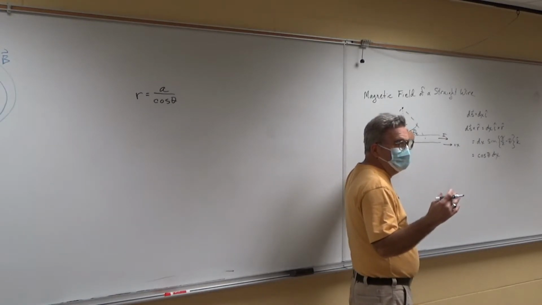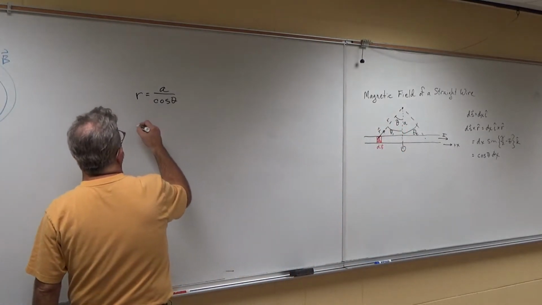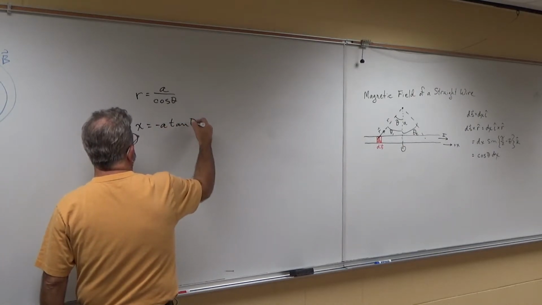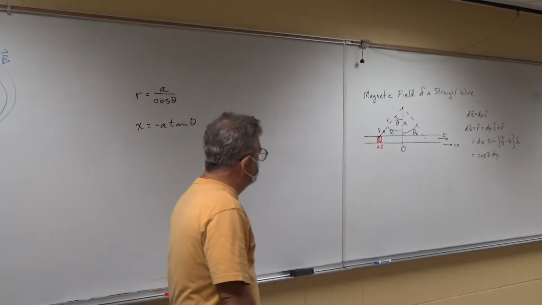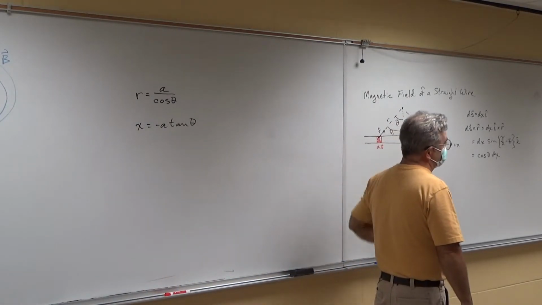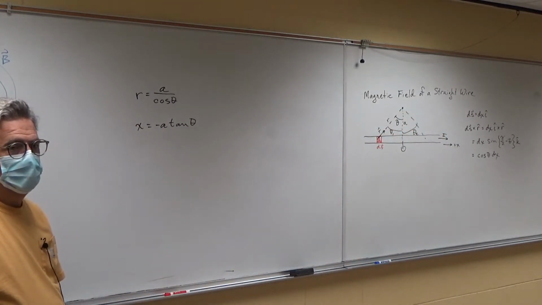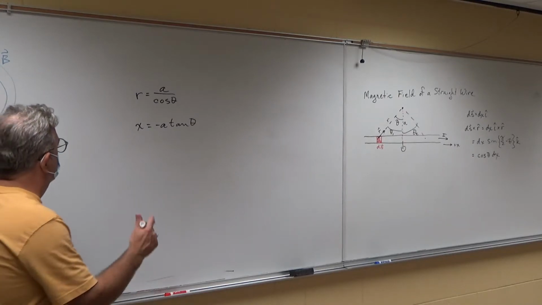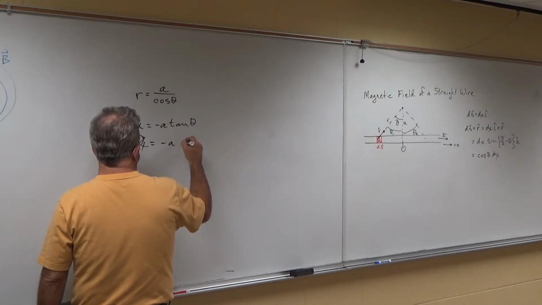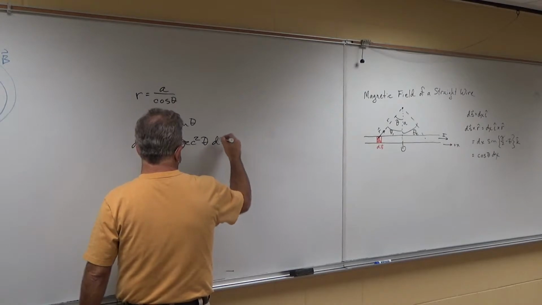Okay. x is equal to minus A tangent theta. That just comes from negative x over A is equal to tangent theta. dx is equal to minus A secant squared theta d theta.